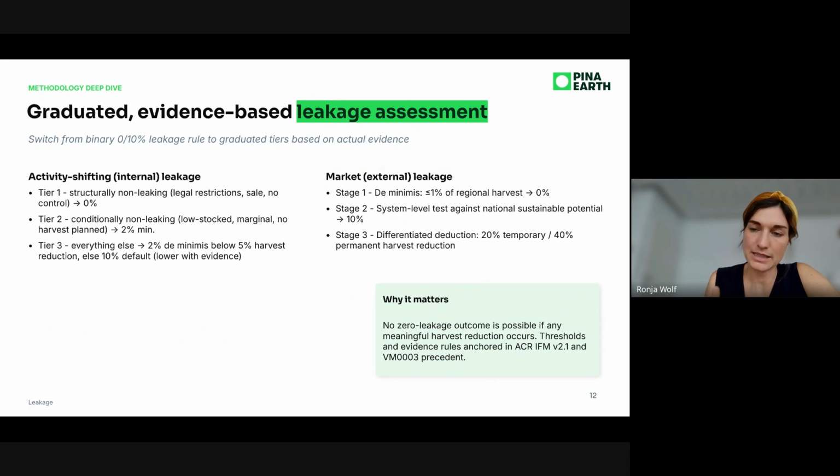If project areas are excluded, then they have to be assessed and categorized into different tiers. Tier 1 are, for example, areas that are structurally non-leaking, where we can exclude leakage by definition of these areas. There could also be conditionally non-leaking areas, like very little productive, no commercial management relevance, or other areas.